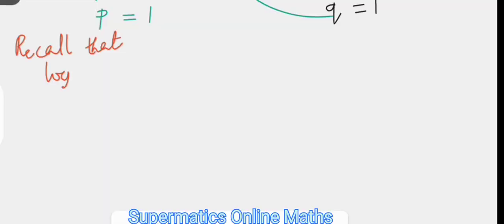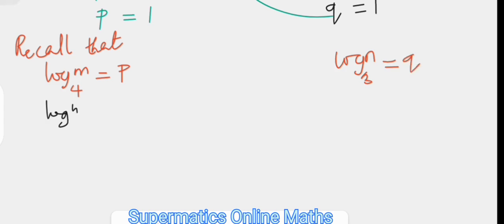You will recall that log m to base 4 is p, and log n to base 3 is q. This simply follows that log m to base 4 is 1, and log n to base 3 is also 1.